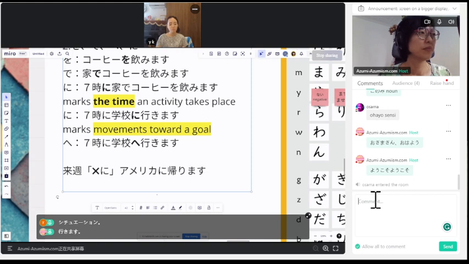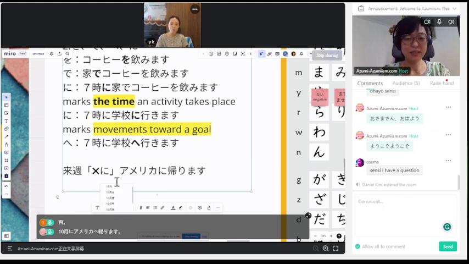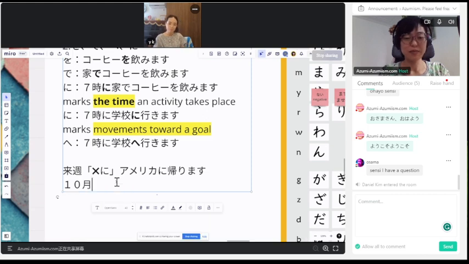Now, this ni is in reference to time, which is 10月 or October. This e is in reference to going to America. Notice, I have ni and e here. Now, this ni is in reference to 10月にアメリカへ帰ります. Now, notice. 10月にアメリカへ帰ります. What about this? Can you use any particle here?